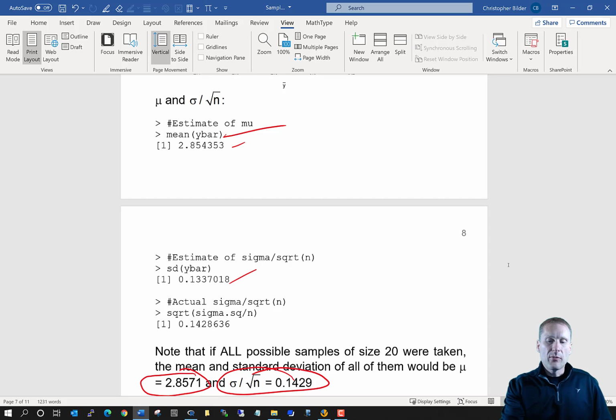And so what this is basically showing us is that the mean of all those sample means, which is like approximating an expected value of y bar, using now 1,000 different y bars, that matches what we would expect approximately. So does the standard deviation. And so this is a nice little illustration of our result that we were having before.